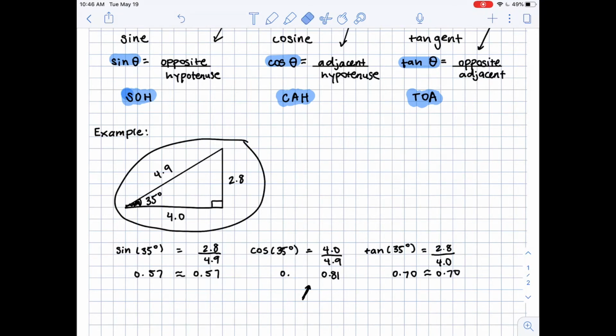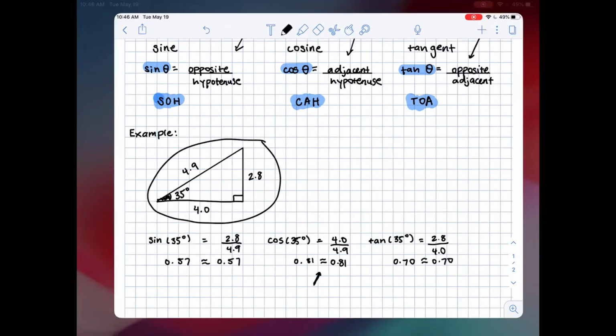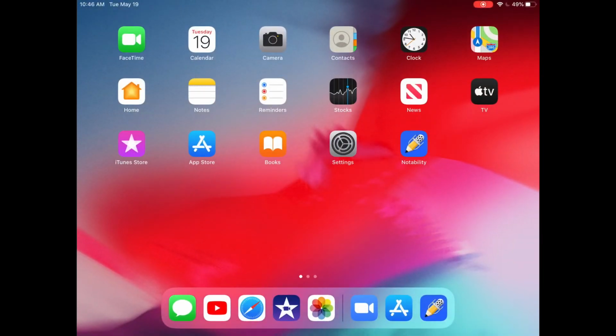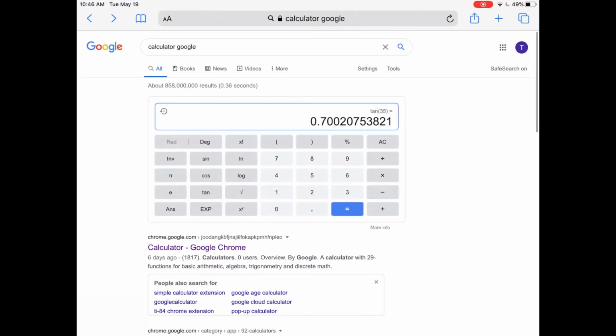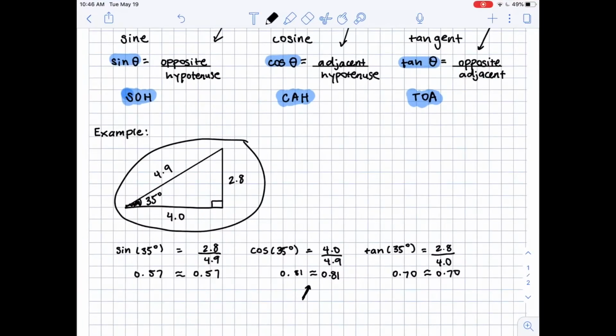Tangent is opposite over adjacent. Okay, they should match up. If you're getting numbers that are different, for instance, when I did sine, and your numbers look like this, that means you're in radians. That means you need to switch to degrees. Okay?